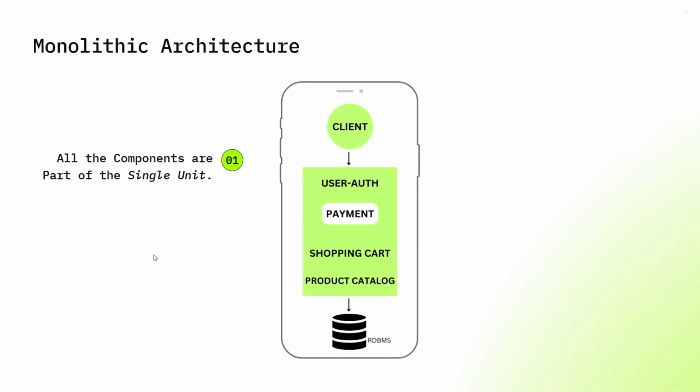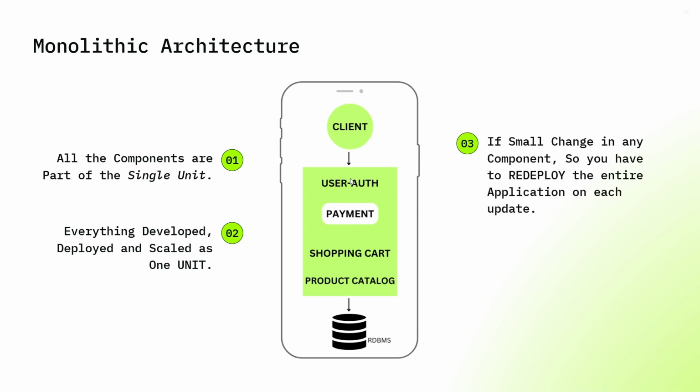So all the components are part of a single unit. In the diagram here, all the components are placed in a single unit and everything is deployed and scaled as one unit. And if you make any small change to any component, you have to redeploy the entire app, which is very time consuming.